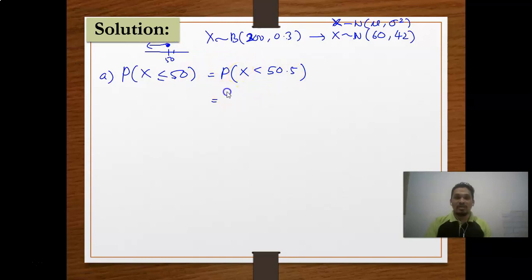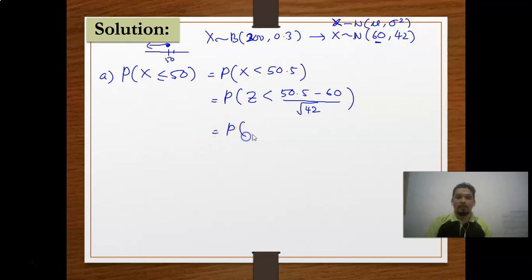So from this x, we go into the standard normal distribution: 50.5 minus mean 60, divided by standard deviation. This is variance, and the standard deviation is the square root of 42.